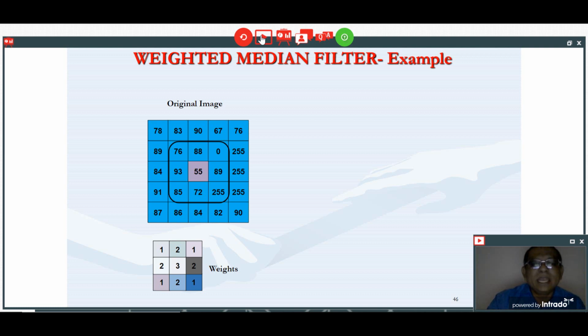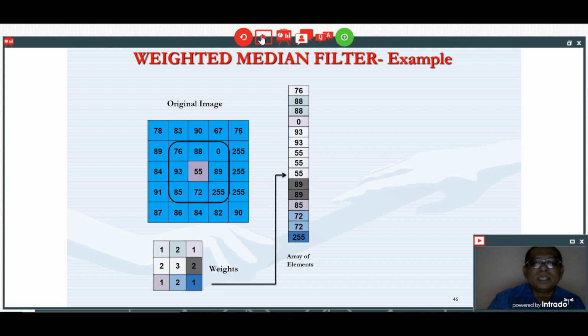What is the fundamental meaning of these weights? This 76 will be taken once, and this 88 will be given a weightage of 2. So now we can understand the meaning of the weights. 76 will occur only once, whereas 2 means this 88 will occur 2 times. This 55 I am giving the maximum weightage 3, so you can observe that 55 is occurring 3 times.